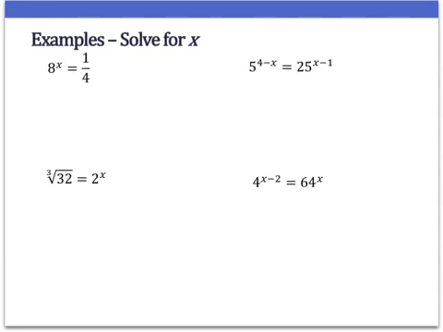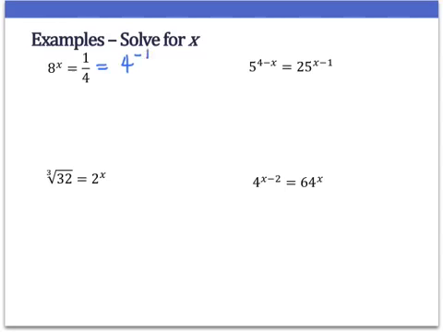Okay, we've got 4 examples. The first step that we were going to do is that we are going to rewrite each side of my equation here with the same base. But first, it helps with everything being on the same level. So I'm going to bring that 4 out of the denominator and make this 4 into the negative 1.